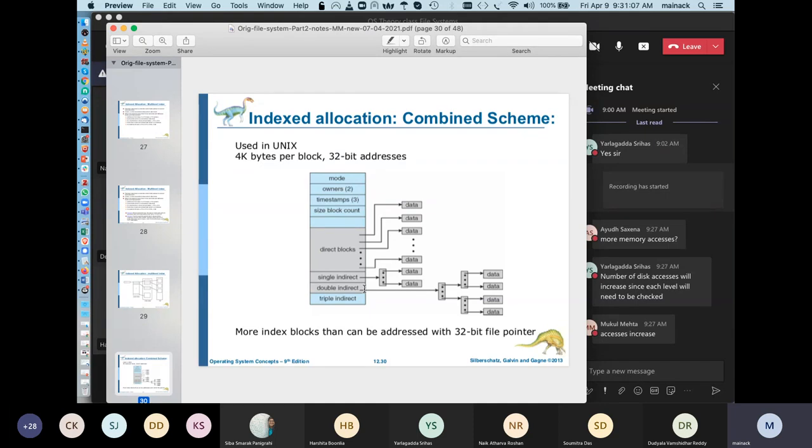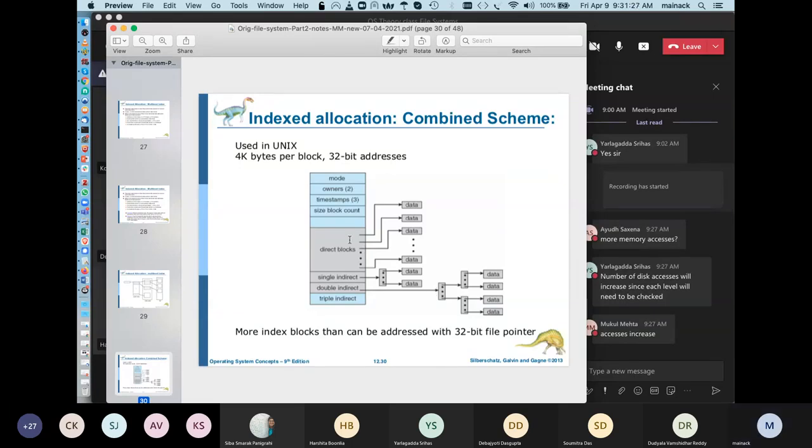the indirect blocks will be used for your multiple level index tables.